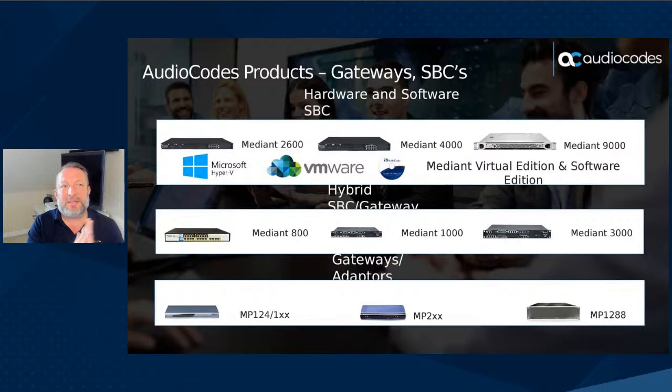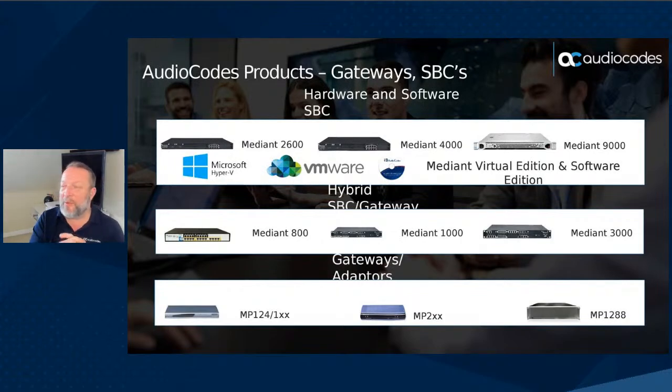And I think there are some real attributes here that make our SBCs stand head and shoulders above our competitors. And it doesn't really matter which UC platform you're working with. All of our products work with them today.